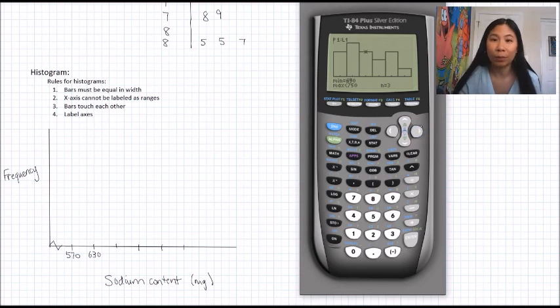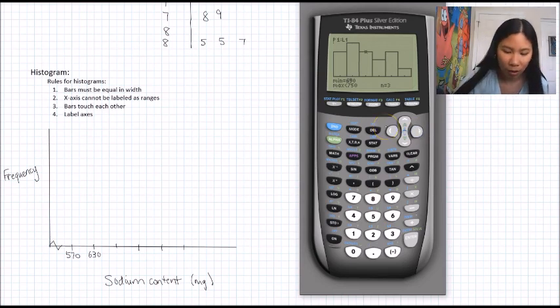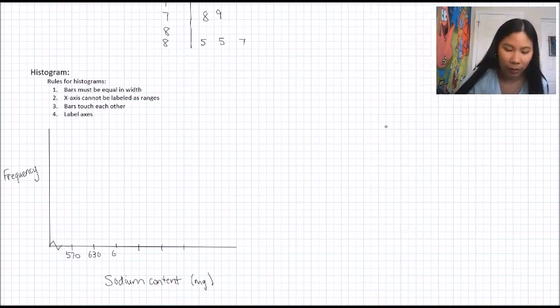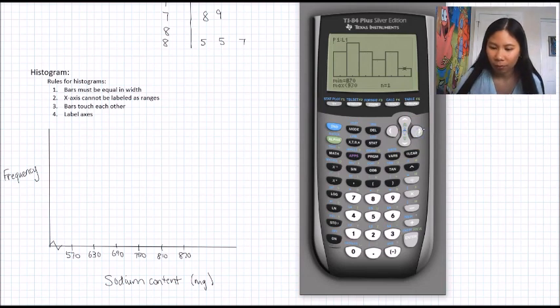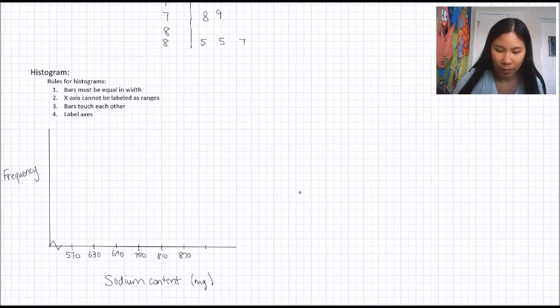And that's how you want to label your x-axis based on whatever your calculator is splitting it at. And then it ends at 930.